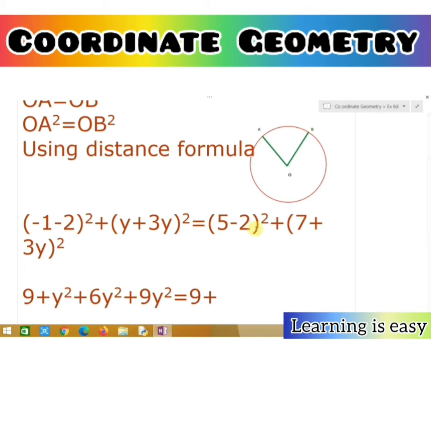So 49, 7 squared is 49 plus 7 3s are 21, 21 into 2, 42y plus 3y is b square, so 9y square.